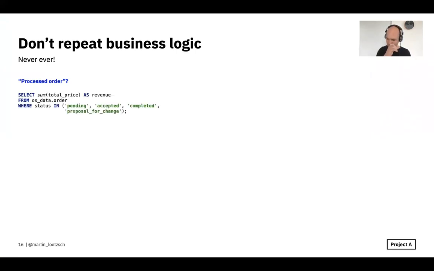There was one part of the data transformation pipeline where there was a query on this order table, which was the raw ingestion table for orders, and there was some revenue computed, and it was done so if the order had the status pending, accepted, completed, or proposal for change.